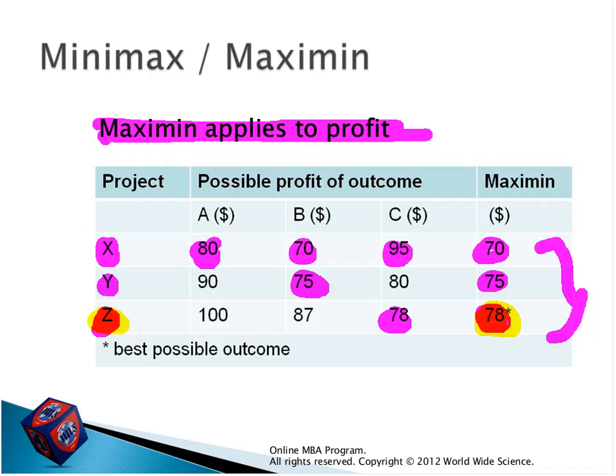Are you clear with the Maximin criteria? First we identify the smallest possible profit. Then from the projects we find the highest profit.